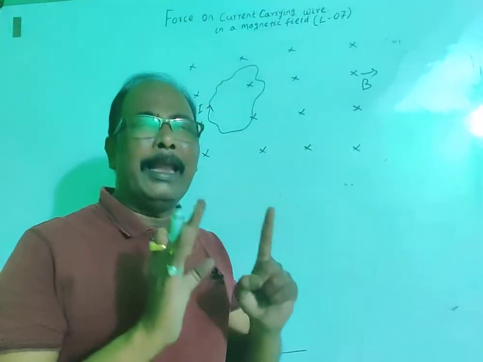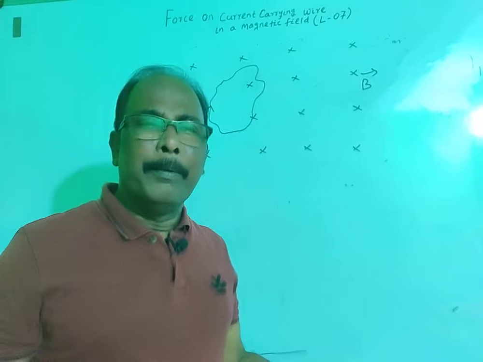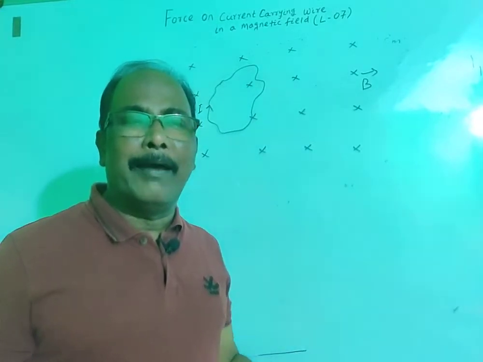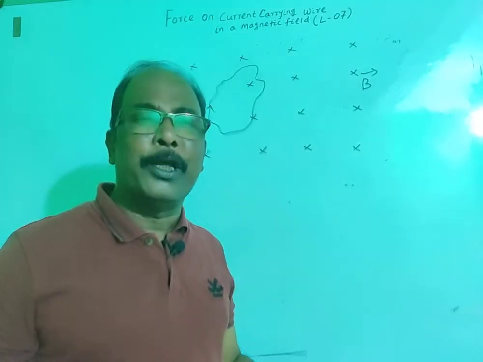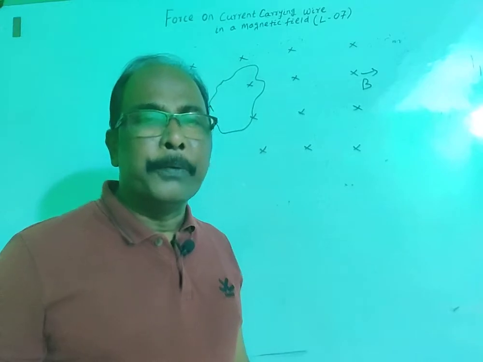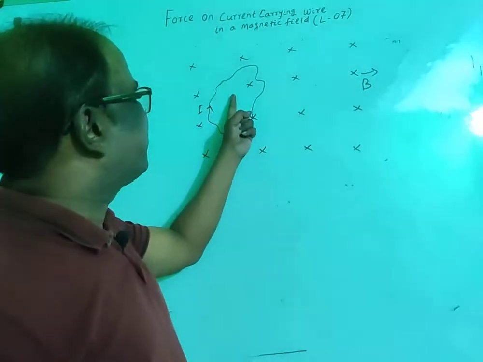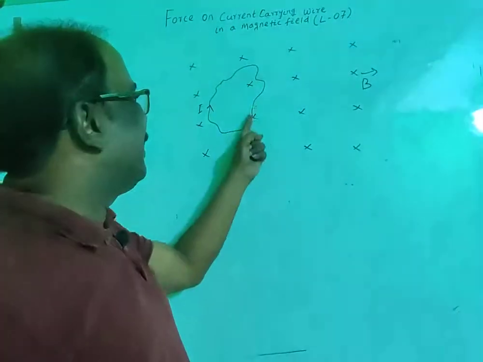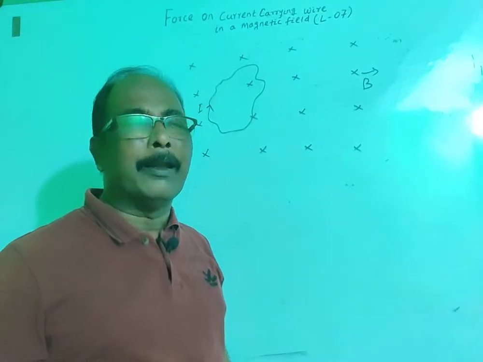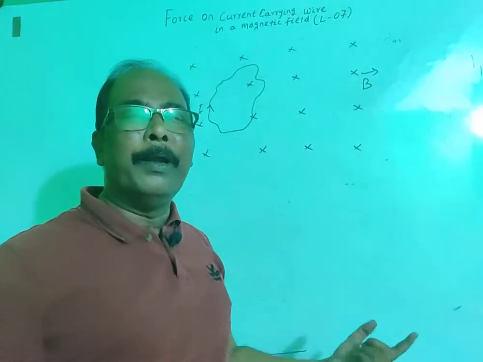For a closed loop carrying current placed in a magnetic field, the resulting force on it may be 0. But the question arises, if an irregular shaped loop carrying current is placed in a uniform magnetic field perpendicular to the plane of the loop, then what will be its final shape?